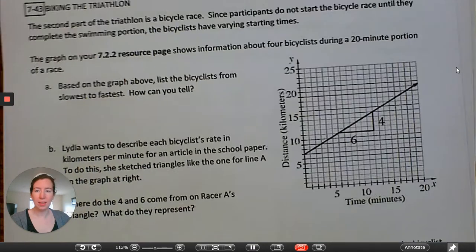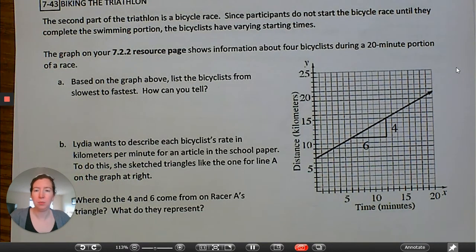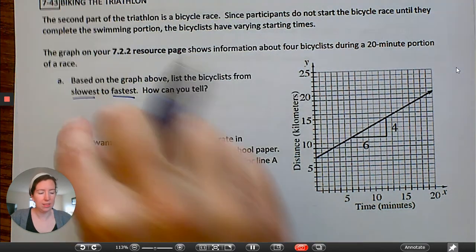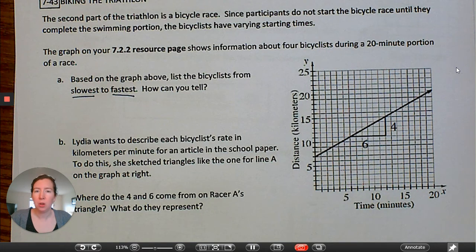So looking at that resource page, I want you, and you're going to do this right now, to write down and list the bicyclists from slowest to fastest. In this space right here, I want you to write down who is the slowest, second, third, and then fourth, who's the fastest. And then give me a brief little how can you tell. So if you need to pause this video to jot that down and think about it, do that now.